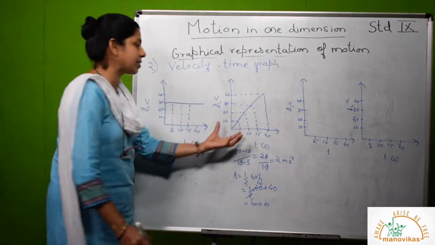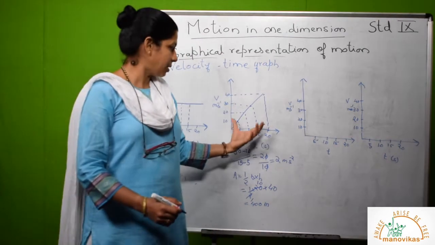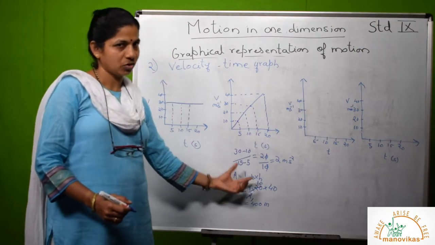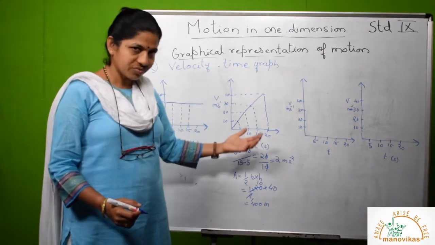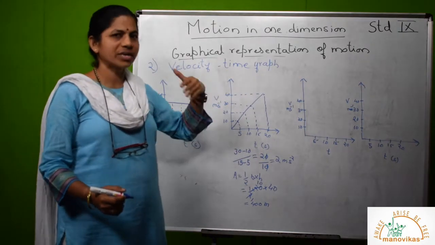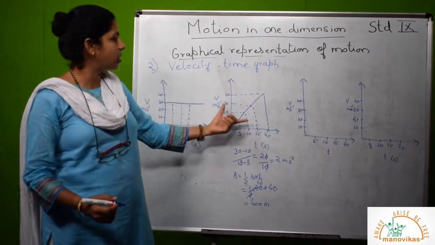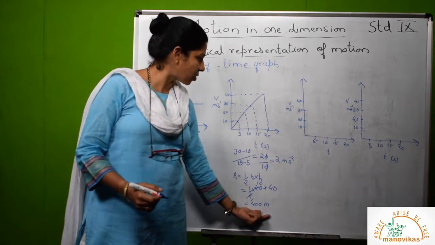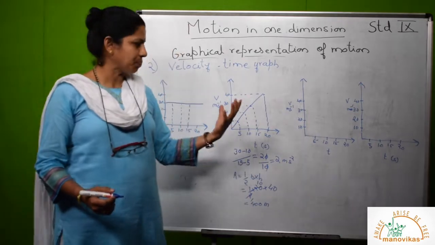So the distance traveled by the object in this case is 400 meters. So what information do you get? By finding the slope, you can find out acceleration from a velocity time graph, and you can also find out the distance covered from a velocity time graph.